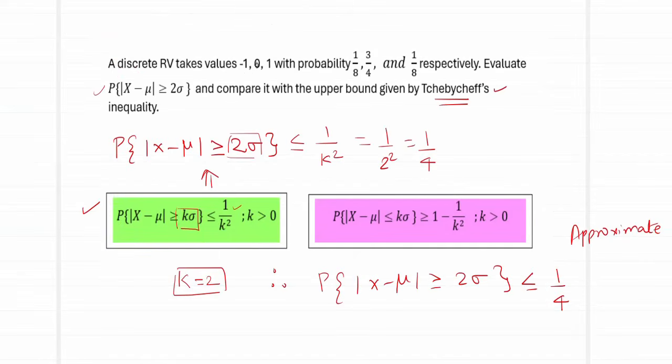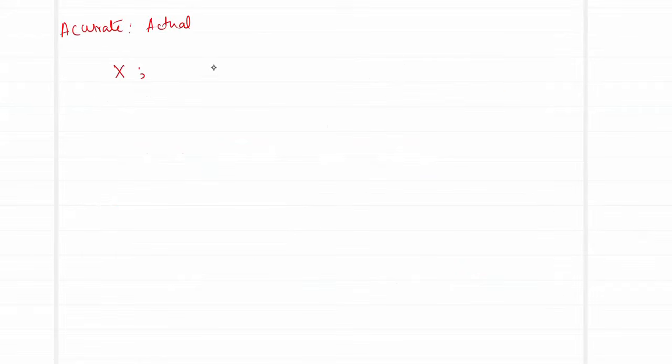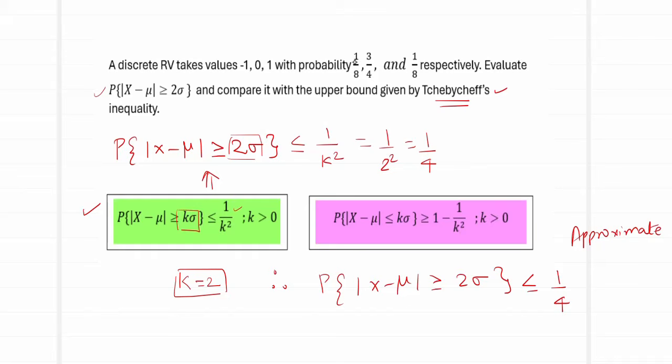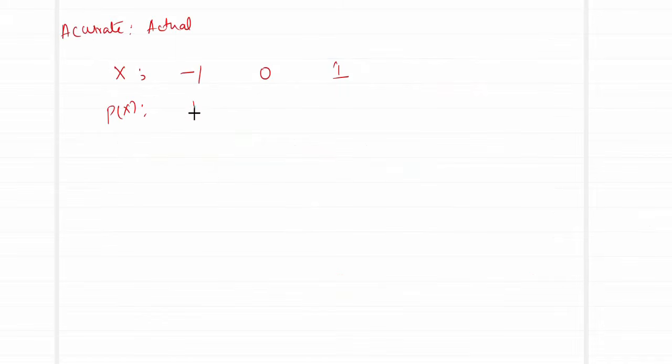It takes the values -1, 0, 1 with probabilities 1 by 8, 3 by 4 and 1 by 8. We want the probability of |x - mu| greater than or equal to 2 times sigma.